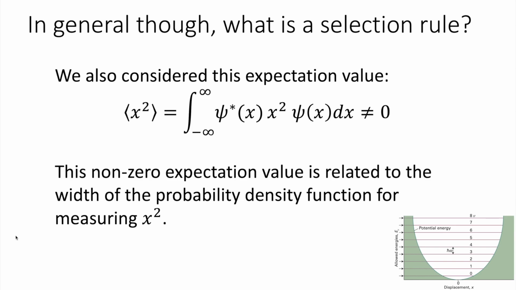If it's vibrating more wildly, at higher energy, the distribution of where you will observe the oscillator gets broader. The center of that distribution stays at 0, but it gets fatter and fatter the higher in energy you go. You can quantify this by taking the expectation value of x squared. I wanted to remind you of this to show you an integral where you take the expectation value of an observable and you do not get 0.